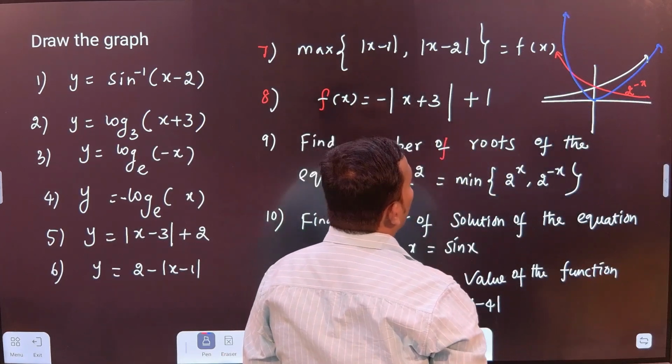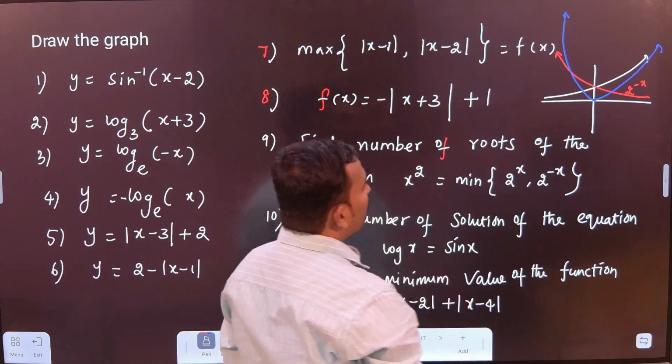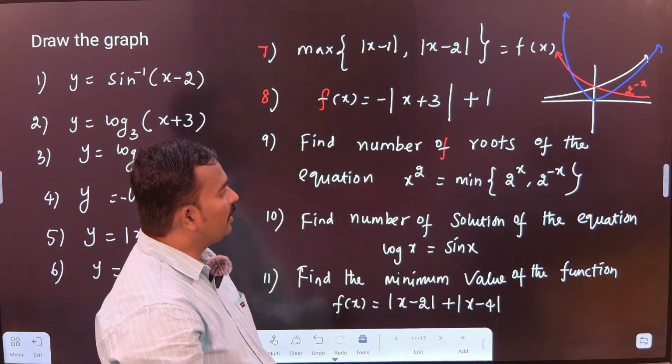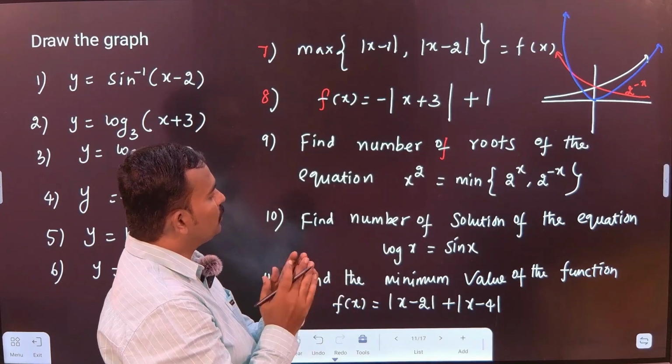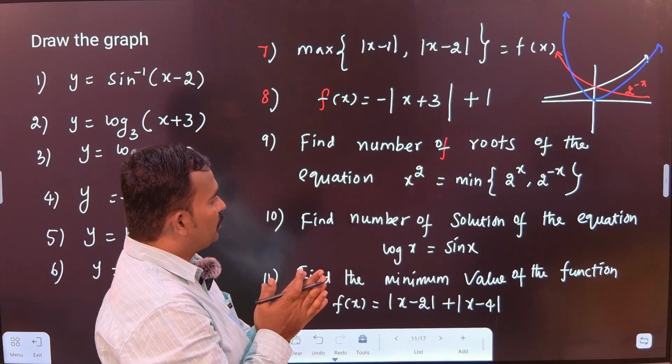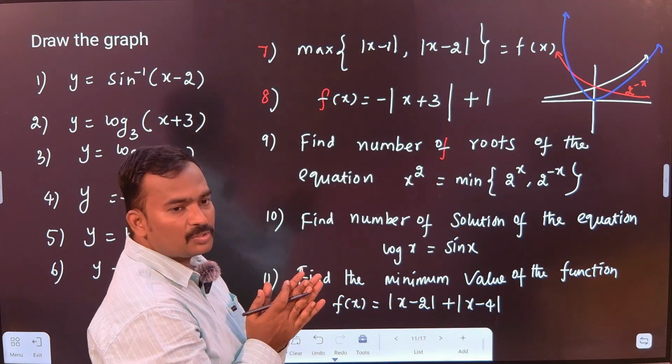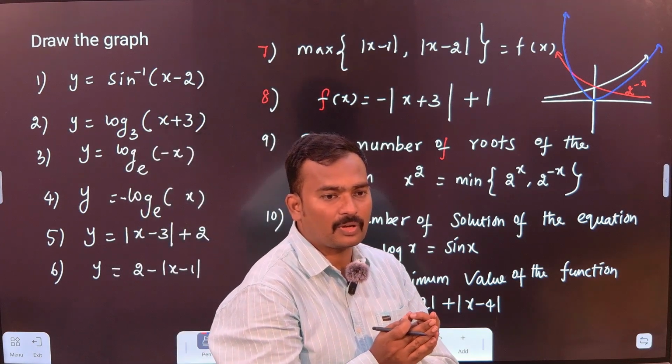So the minimum of these two functions, 2 power x and 2 power minus x, you have to find out first. Which one is the minimum portion of this? Where these two graphs are intersecting, first you have to find out.